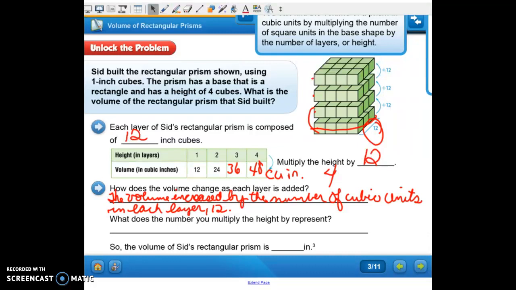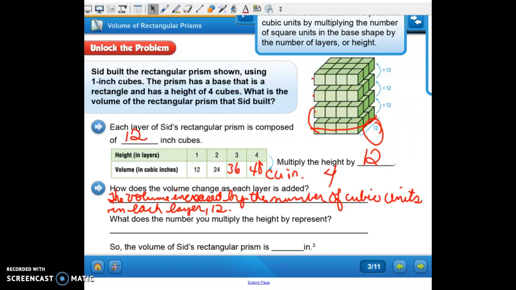Okay, it says, what does the number you multiply by the height represent? We were multiplying by 12. What did that represent? The area of the base of our prism, because it was 3 times 4.